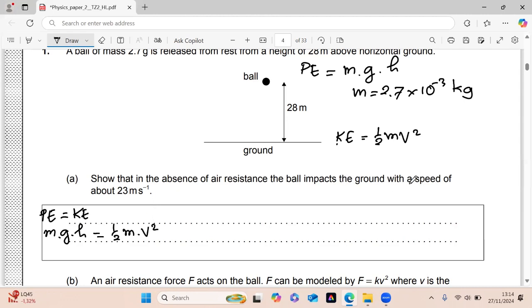We are going to prove that speed is about 23 meters per second. Speed, it means we have to find v.